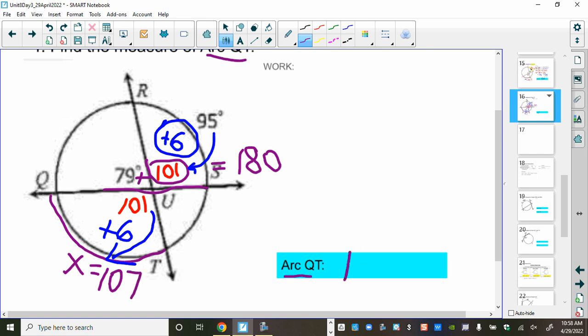So that might be the quickest way to do it. Or vice versa. If you went from bigger down to the small, you go 107 minus 6, you get 101, and then 101 minus 6 gives you 95. That might be another way to do it.